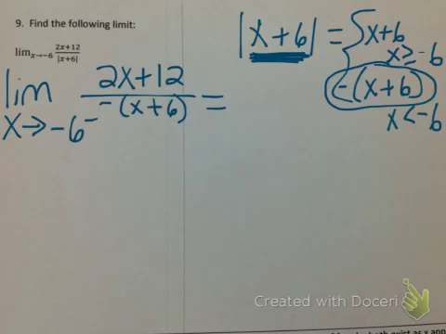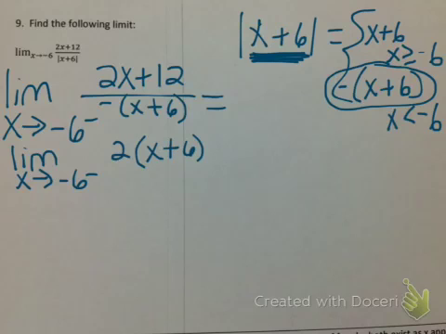Take a 2 out of the numerator: limit as x approaches negative 6 from the left of 2 times x plus 6 over negative x plus 6. Cancel. So my answer is just negative 2. I don't even have to substitute the negative 6 in because I'm just left with negative 2.